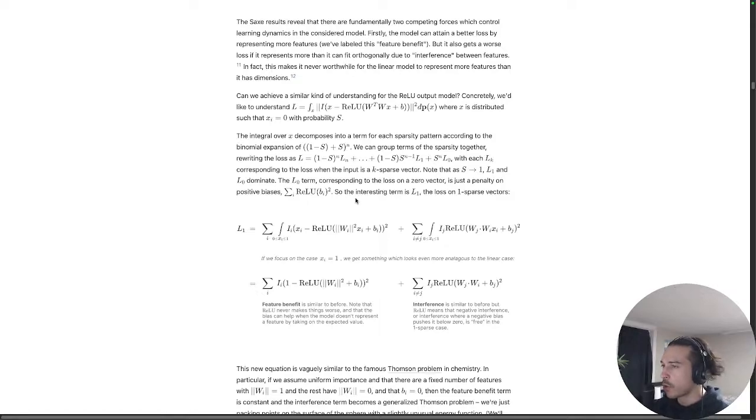The integral over x decomposes into a term for each sparsity pattern, according to the binomial expansion of (1 minus s plus s) to the power n.